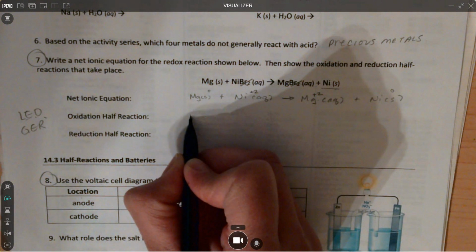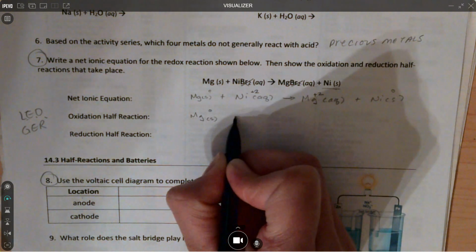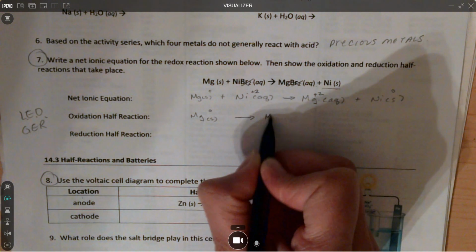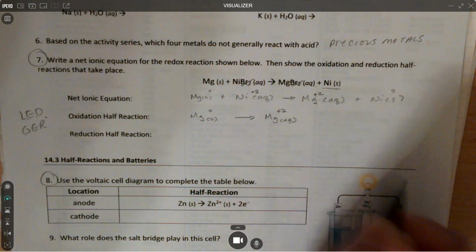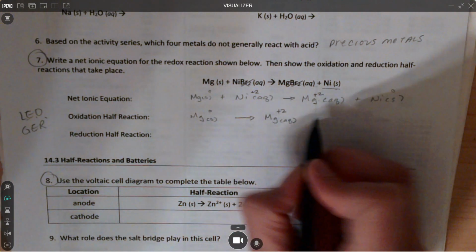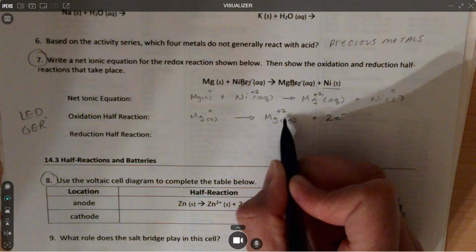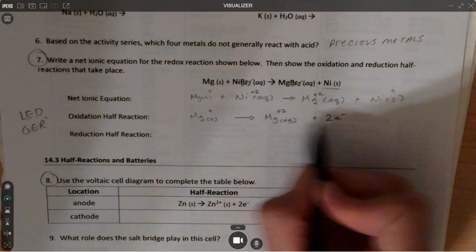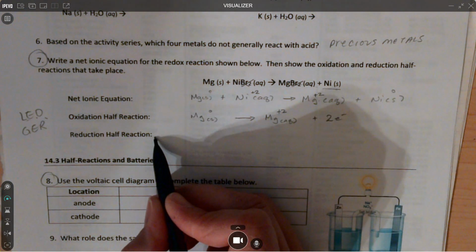So we're going to go ahead and write that half reaction of magnesium solid with a 0 charge going into magnesium aqueous with a +2 charge. And what we just learned in our other video is to include the electrons plus the 2 electrons that are going to balance that out to make a 0. Now we're going to do our reduction reaction.